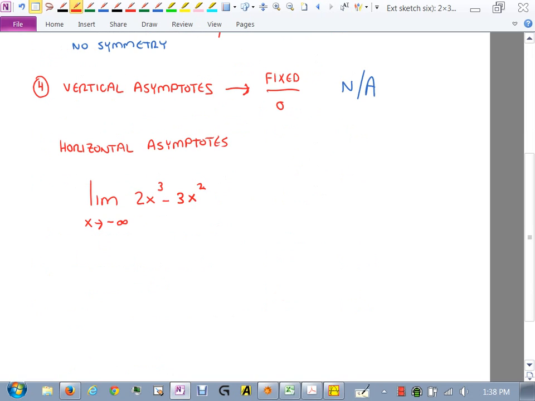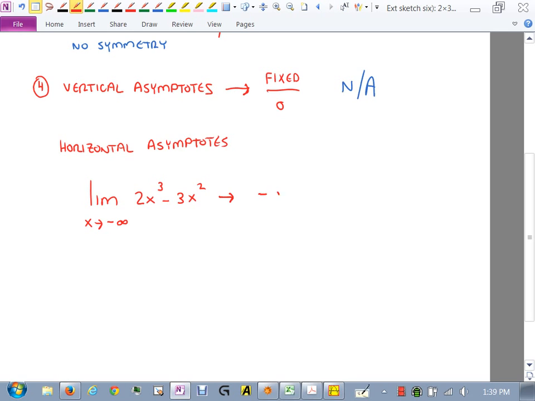Understand what I'm doing? I'm saying, how does this thing behave as I go out to the left? So let's just plug things in here. If I let this number become infinitely large and I cube it, and it's negative, it'll stay an infinitely large negative number, won't it? So what I have is a form that looks like this.